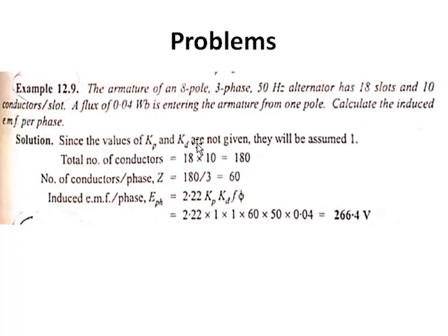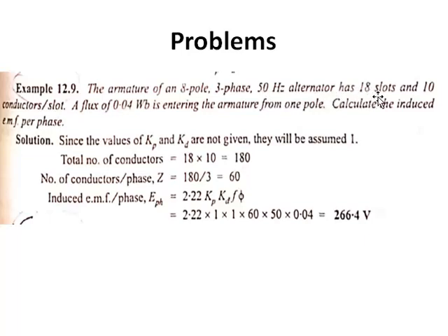In the next problem, the armature of an 8-pole 3-phase 50 Hertz alternator has 18 slots and 10 conductors per slot. So the number of poles P is equal to 8, it is 3-phase, and the frequency F is equal to 50 Hertz.